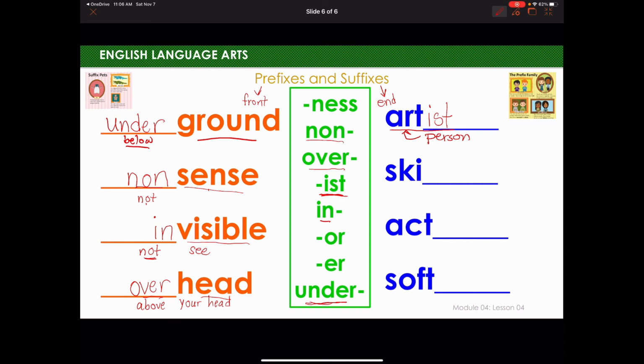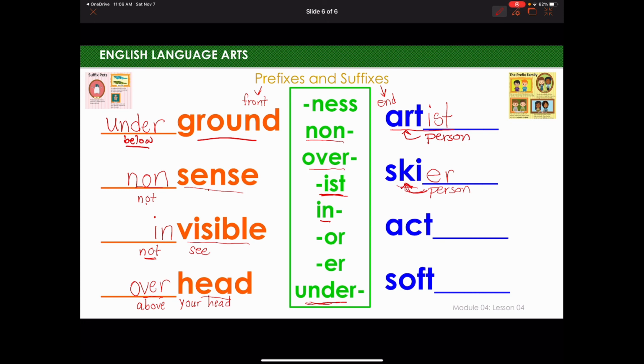Okay, same thing with the suffix er. If I add er to the end of a word, like this word, skier, I have a person who skis. Maybe you are a skier. Have you ever been skiing before?